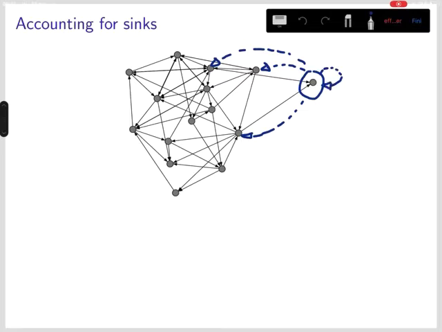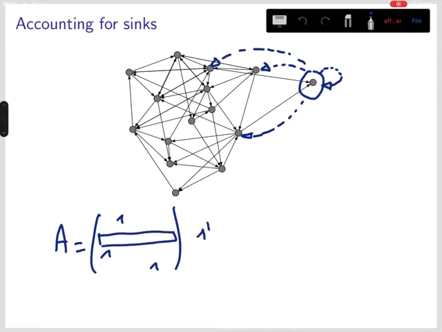Okay, so in terms of adjacency matrix, this means that whenever you have a row of zeros, you will replace this row by a row of ones. Of course, you won't do that, otherwise you would get a dense matrix.